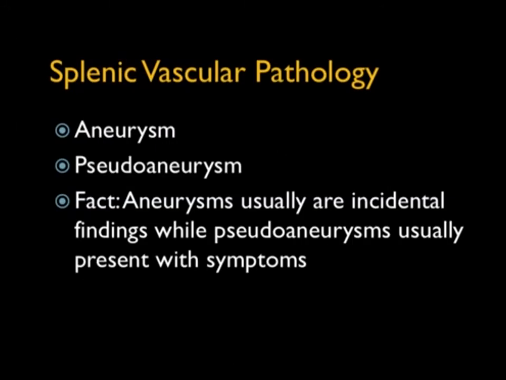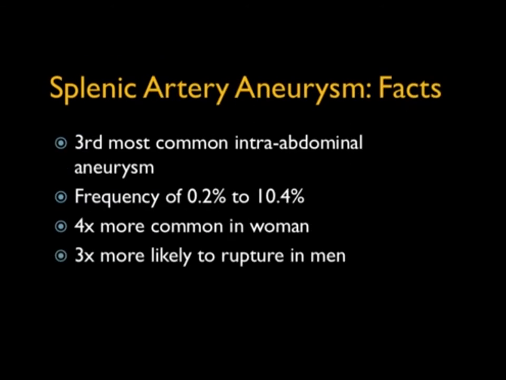Now, we also should always remember splenic vascular pathology, aneurysms and pseudoaneurysms. Aneurysms usually are incidental findings, while pseudoaneurysms often present with symptoms. If you look at numbers, splenic artery aneurysm is the third most common intra-abdominal aneurysm, up to 10% frequency. It's more common in women, but it's likely to rupture more commonly in men.